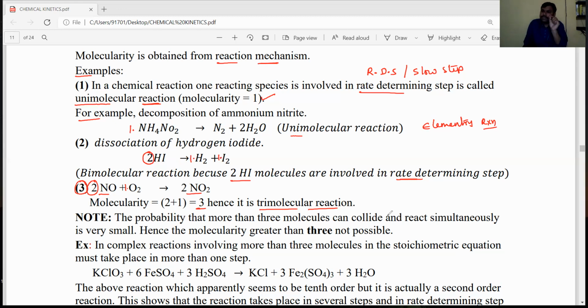Another important point, dear students: what is the maximum molecularity of a reaction? The maximum molecularity is 3, or less than 3 only. More than 3 is not possible. Why is molecularity more than 3 not possible?